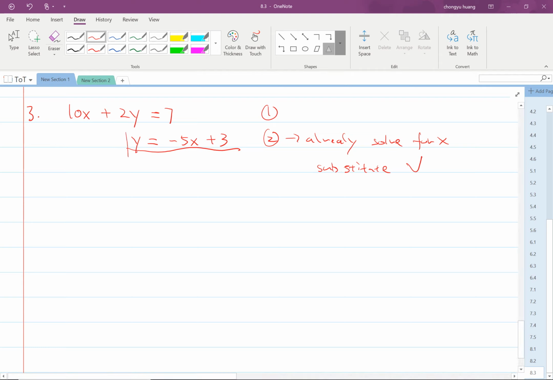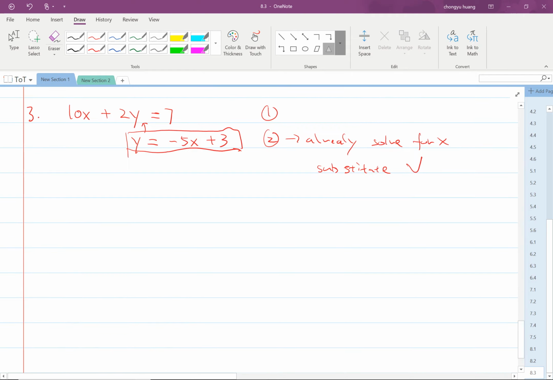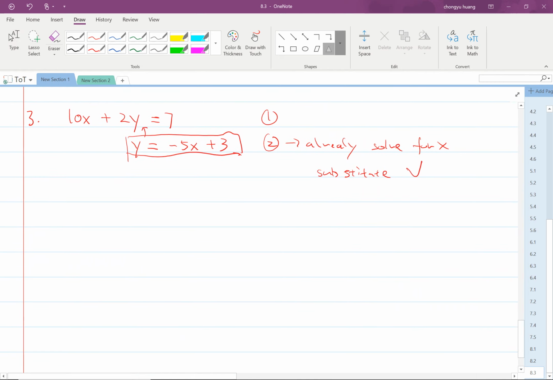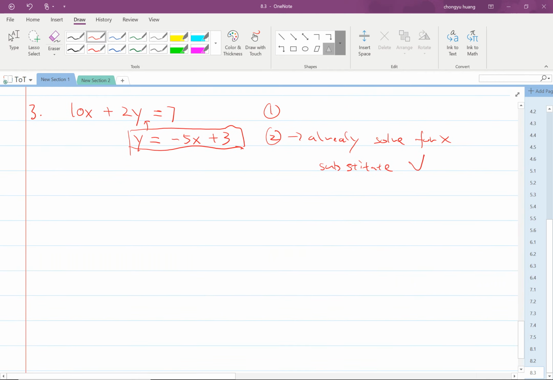So over here what we have is y equal to negative 5x plus 3. So you basically just replace it, you just substitute it, right? Okay, so basically what we have is 10x, let me actually write it down, plus 2y equal to 7. So we replace y with negative 5x plus 3, equal to 7.